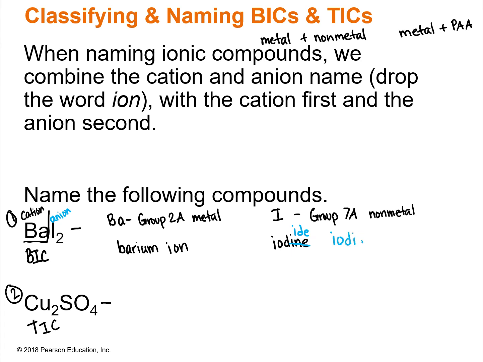So we would name this the iodide ion. Now we just put them together, and get rid of the word ion from each. So that's naming a binary ionic compound. Questions about that?